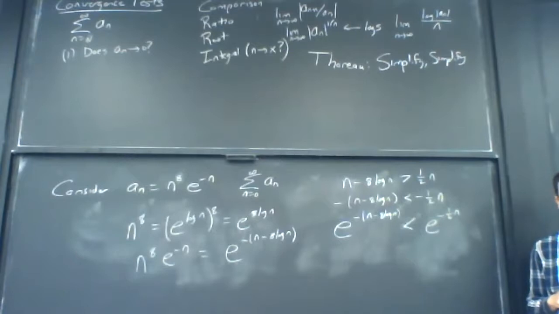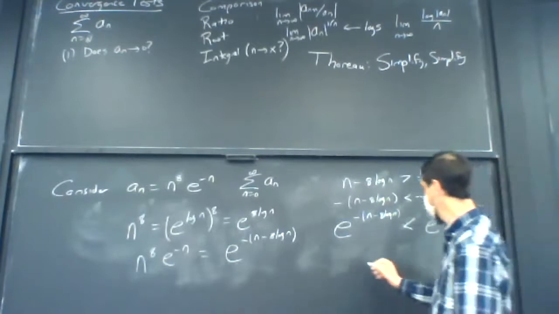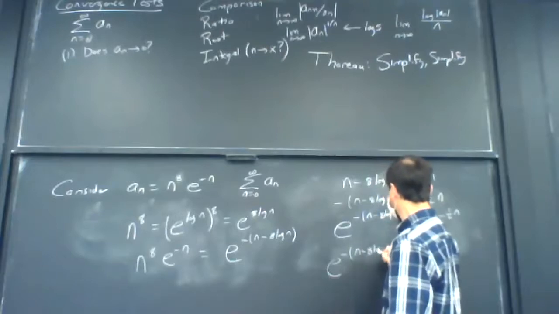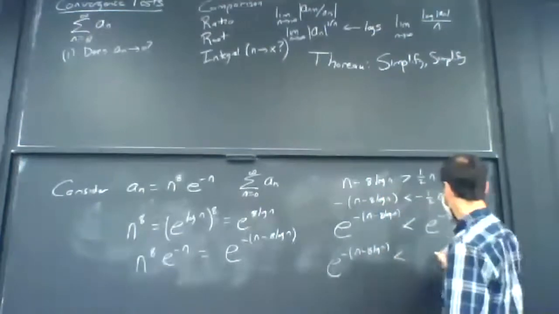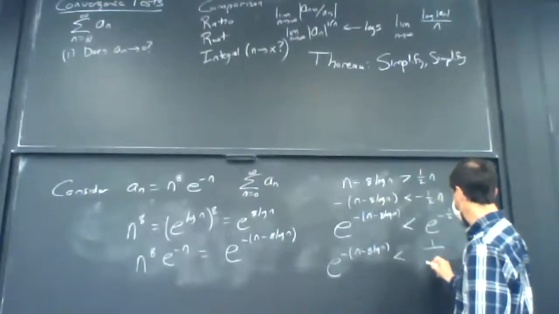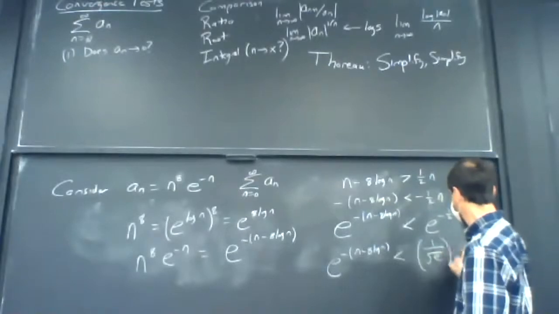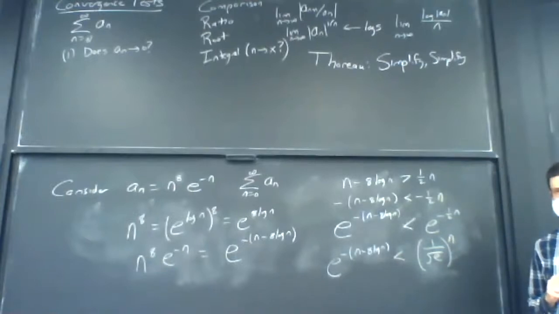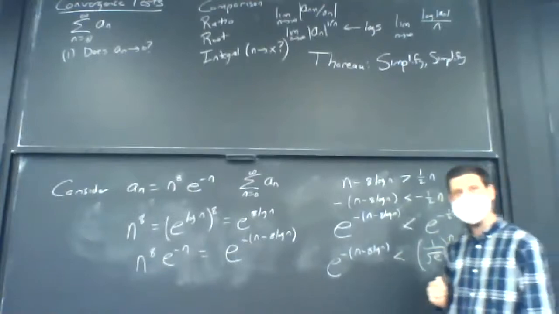Right? Or e to the negative n minus 8 log n is less than 1 over the square root of e to the nth power. What can you tell me about 1 over the square root of e?